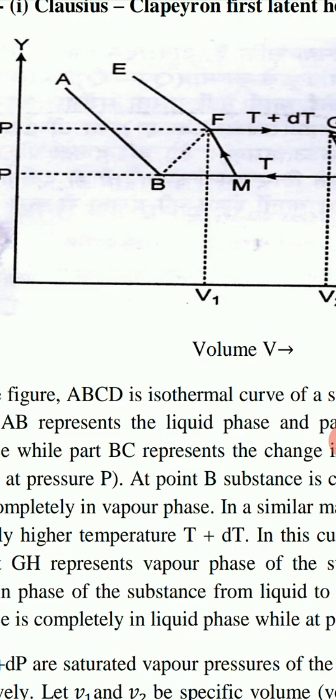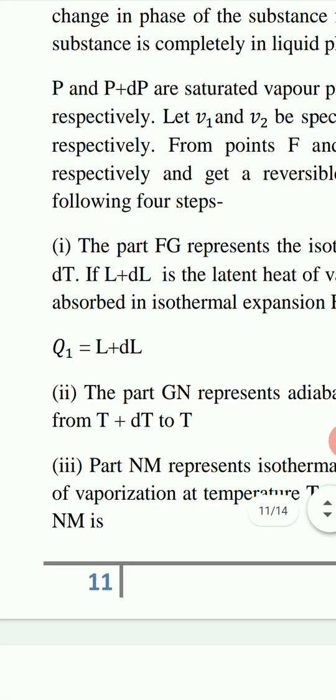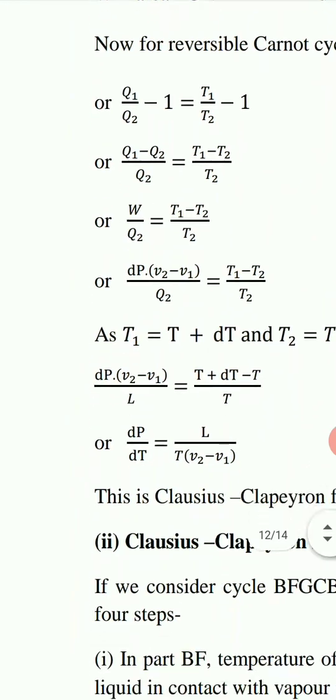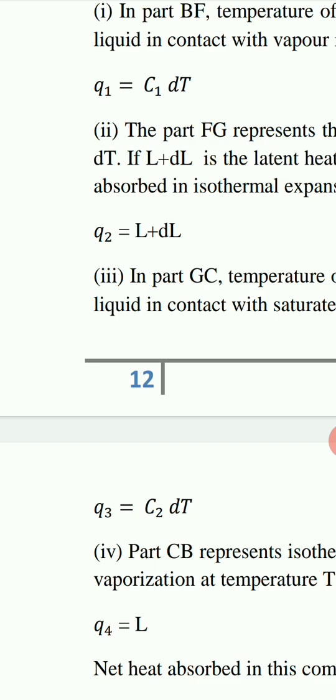So it absorbs some heat so that its temperature increases from T to T plus dt, and the heat absorbed by the substance we write as Q1, and it will be equal to C1 dt. C1 is specific heat. The definition of specific heat C is given by heat dQ equal to mc dt.